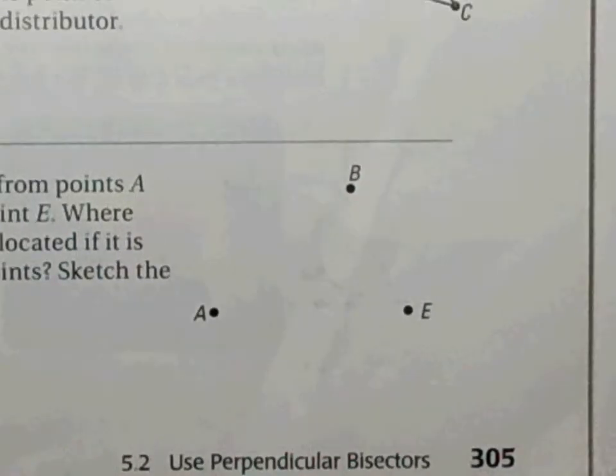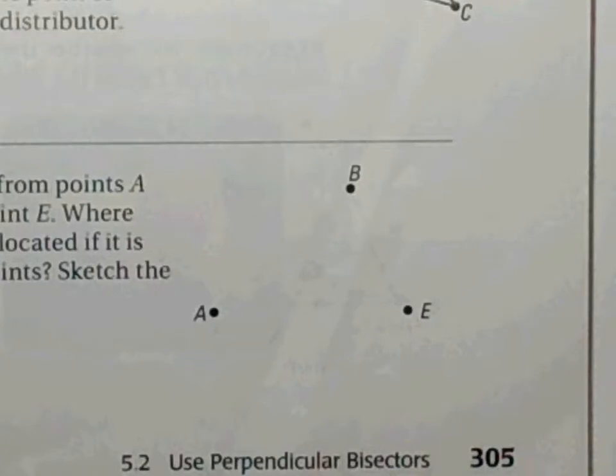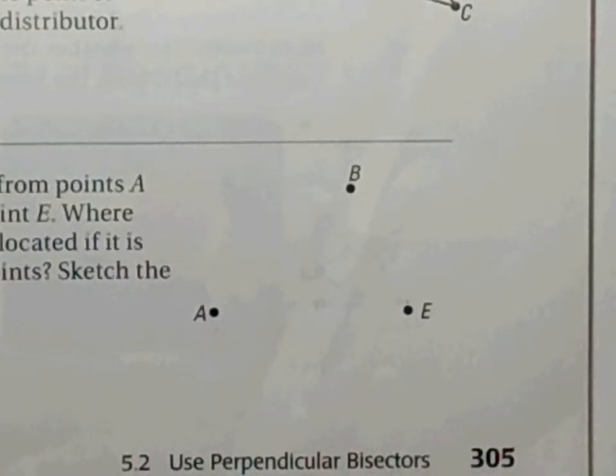It says, hot pretzels are sold from points A, B, and E. Where could the pretzel distributor be located if it was equidistant from those 3 points? So, let's see. You're making these pretzels, and you've got these 3 stores that you're selling them from, and you want your distribution center to be right in the middle of those 3.